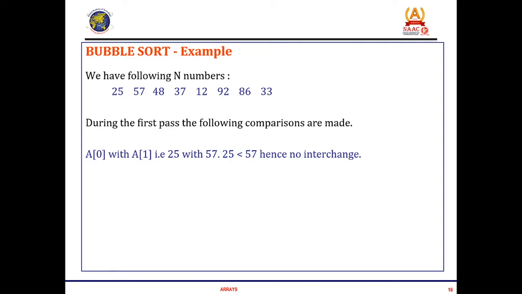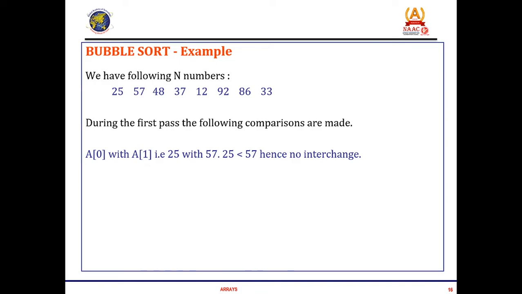As a programmer, you should know what exactly happens at the end of each pass of various sorting algorithms. Before we draw a conclusion as to what happens at the end of the first pass of bubble sort, let us see what the steps involved are in terms of comparisons and what the outcome of those comparisons is in the first pass itself.